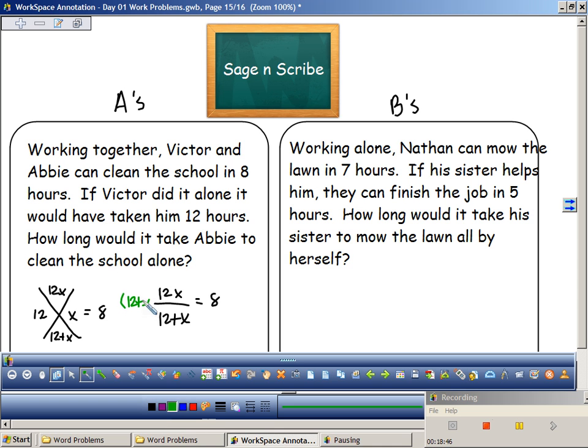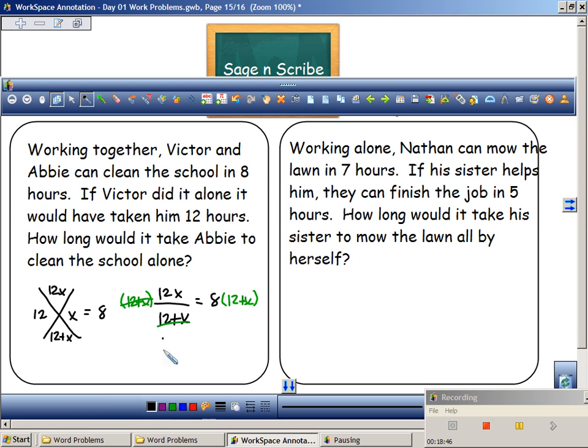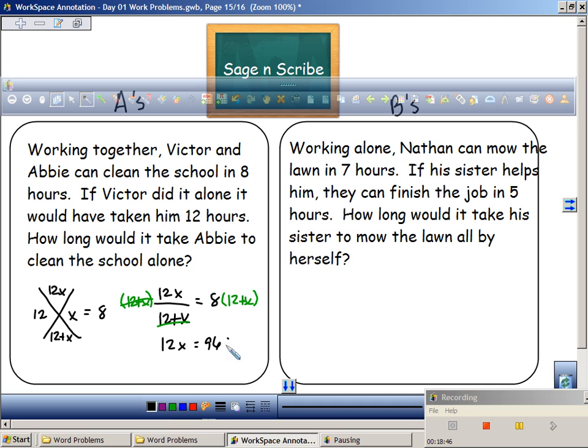Multiply both sides by 12 plus x. And that results in 12x equals, what's 8 times 12? 96 plus 8x.